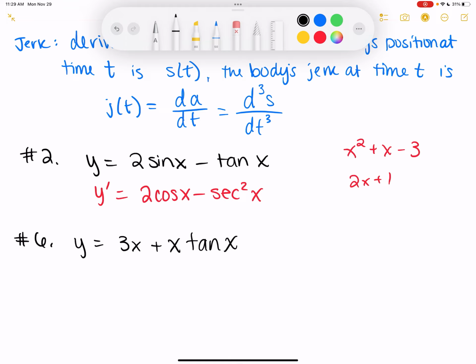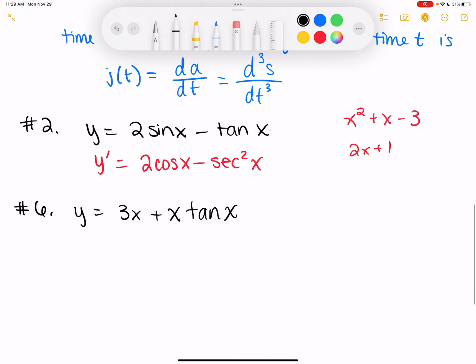What do you notice about this part? That's x times tangent of x, so what rule am I going to have to use? The product rule. I'm going to have to use a product rule for this one.